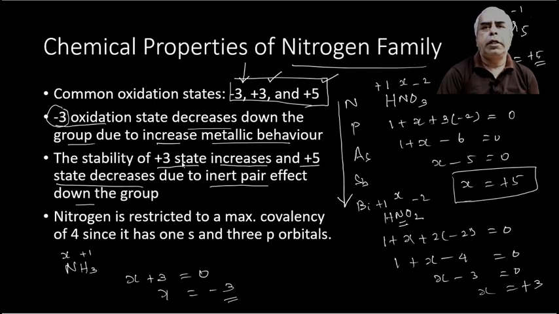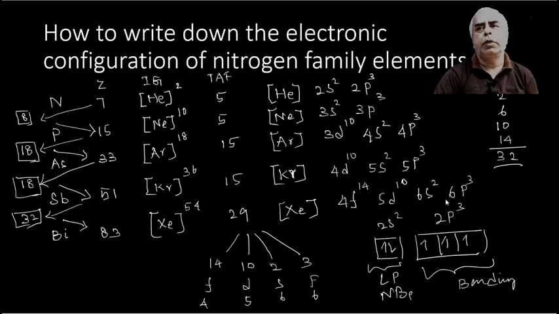Now see, the stability of the +3 oxidation state increases due to the inert pair effect. In all cases you have s2 p3. For example, this is completely filled, and this is 6s2, 6p3. What about this? This is completely filled 4d10 and 5s2, 5p3.